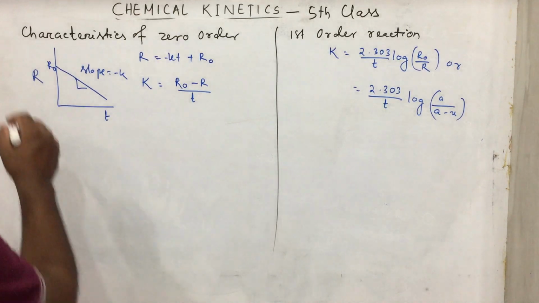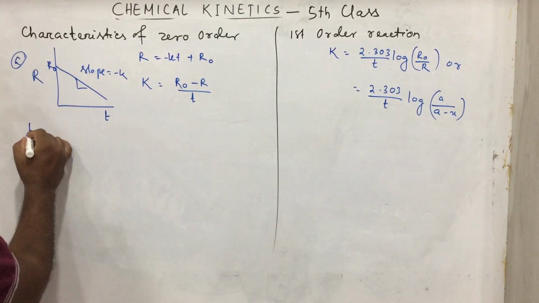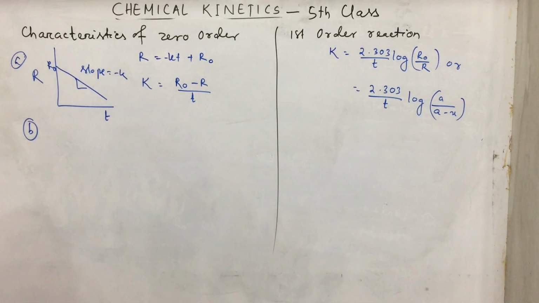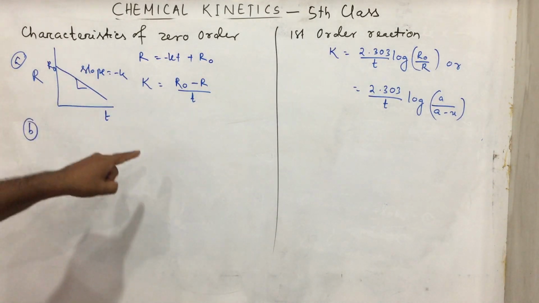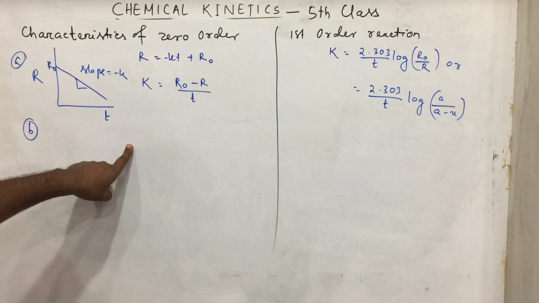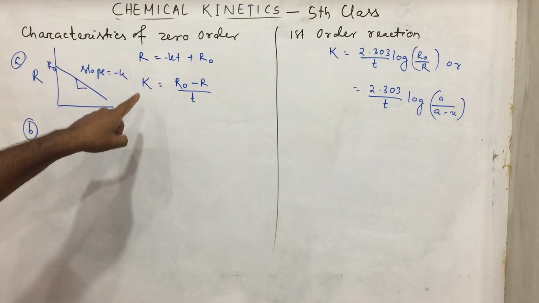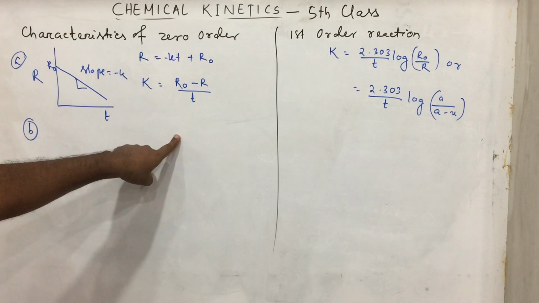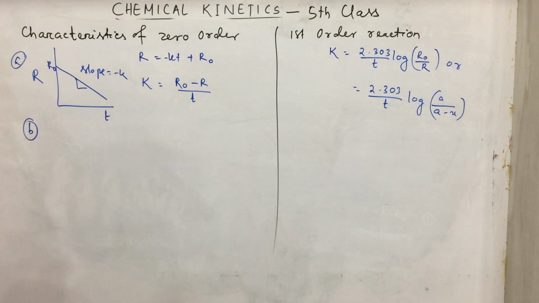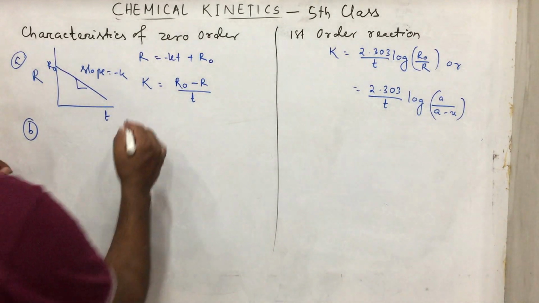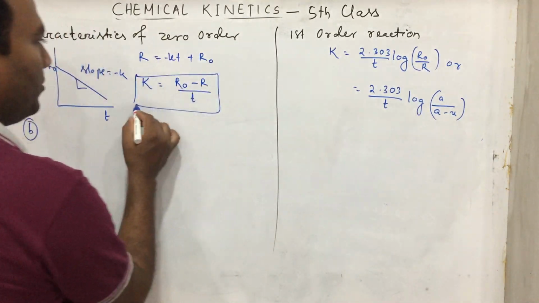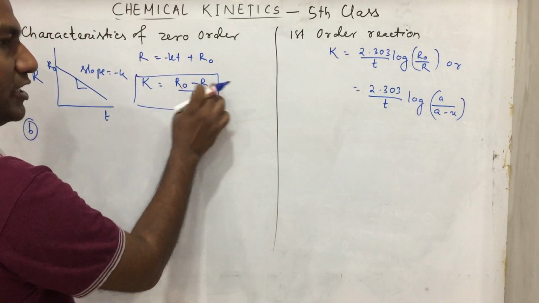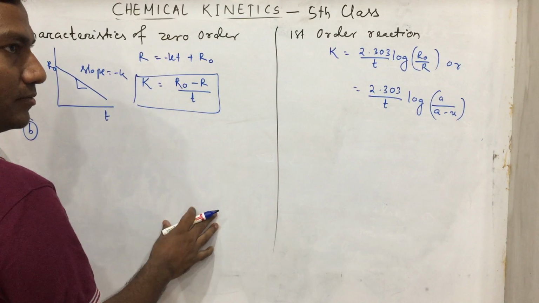Then the second characteristic is this expression. The question is like this: derive the relation between K and t when the reaction will completely finish. When the reaction completely finishes, which value will be 0?